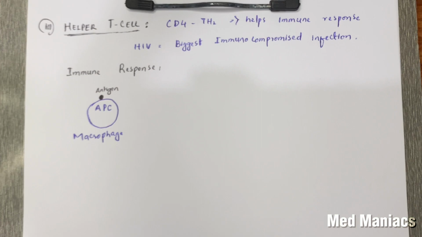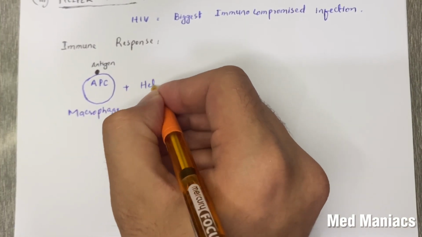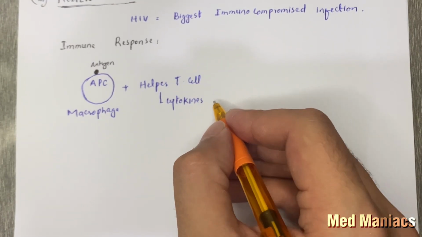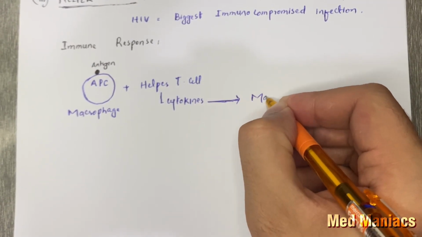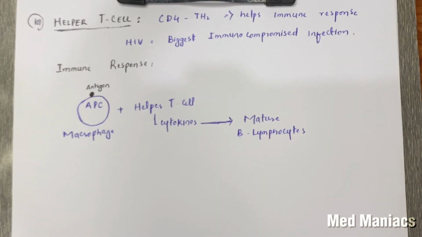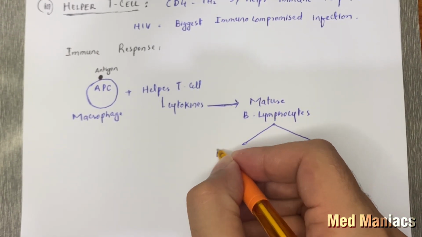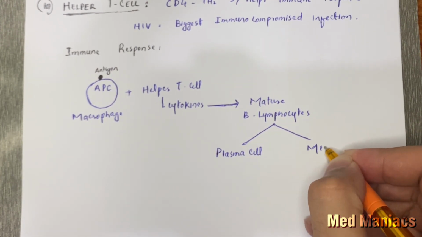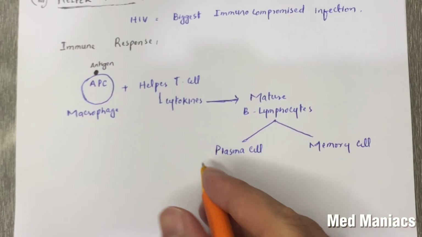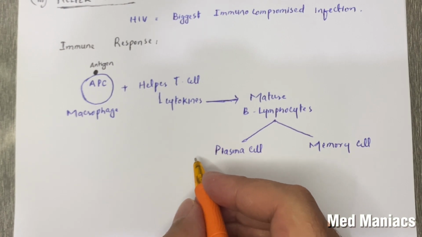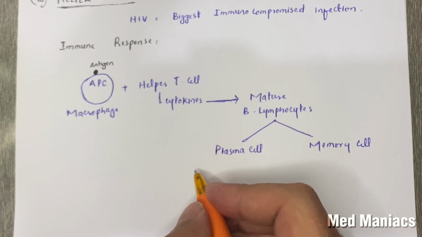It releases cytokines, specifically interleukin-4, which activates the mature B lymphocytes. These B lymphocytes are then divided into two types of cells, the plasma cell and the memory cell. The memory cell retains memory of the antigen, while the plasma cell starts production of antibodies.